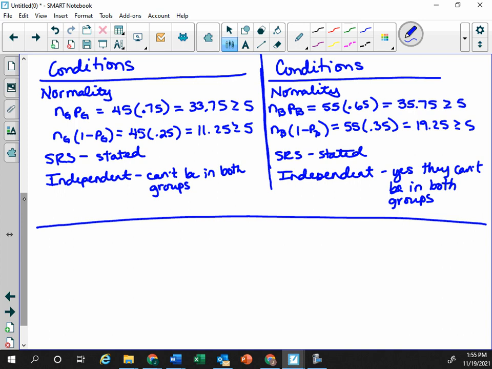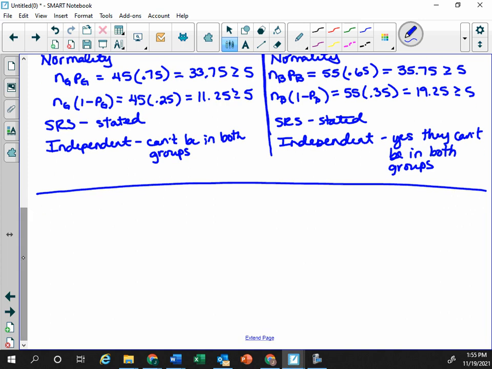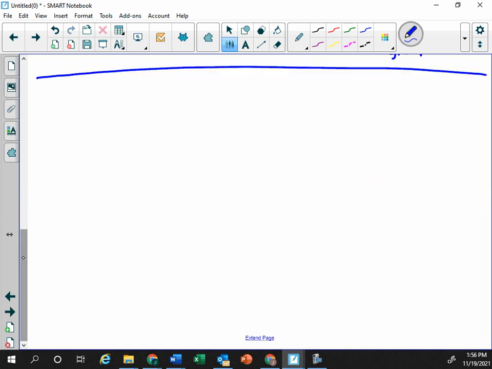Okay, so let's do the actual sampling distribution part now. So our notation here. We're going to start with mu of p hat sub g minus p hat sub b. Now, we don't know our p hats, do we? So we're going to say, exactly, it equals p sub g minus p sub b.